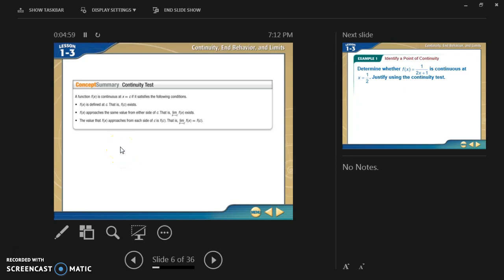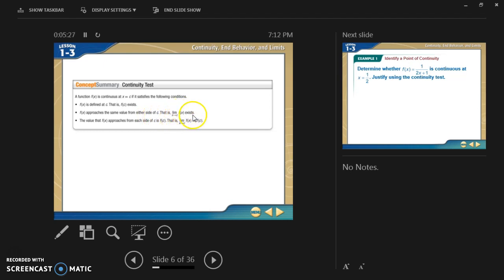So this is the continuity test. A function f of x is continuous at x equals c if it satisfies the following conditions. This is how you test for what I just described with not having to lift your pencil. First, f of c is defined, so in other words, if you put c into your function, you get a real value out. Second, f of x approaches the same value from either side of c, so it can't approach two different values.